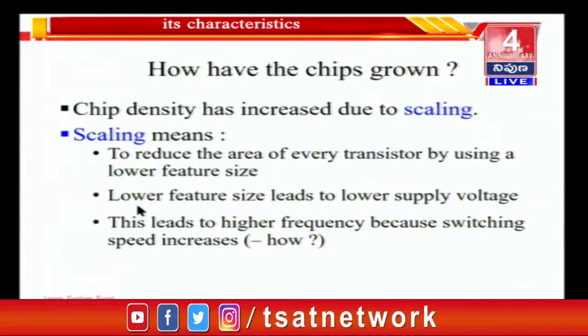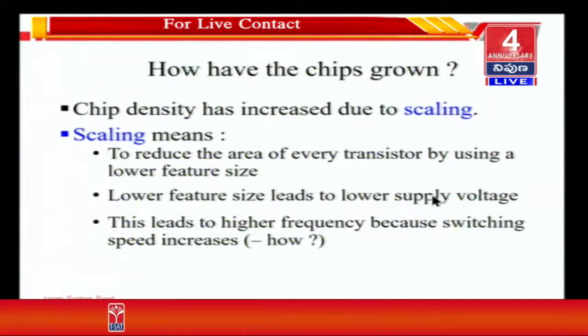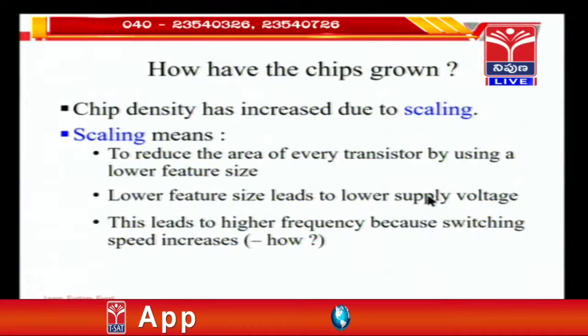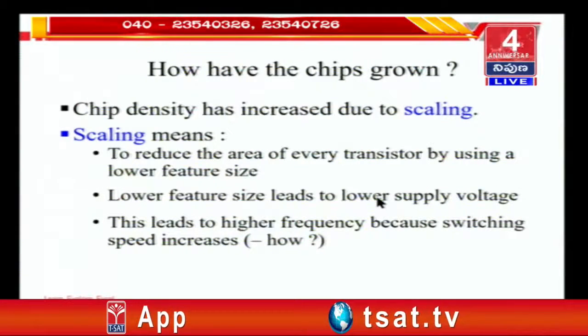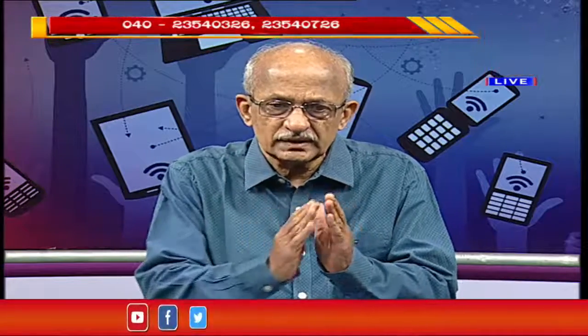So let's continue. I think the call got cut. The lower feature size leads to lower supply voltage, and that is required because if you keep the same supply voltage of, let's say, 5 volts or 3 volts and then keep decreasing the distance between the source and the drain, then the electric field existing between the drain and the source becomes large, because electric field is nothing but the voltage difference between the drain and the source divided by the distance between them.